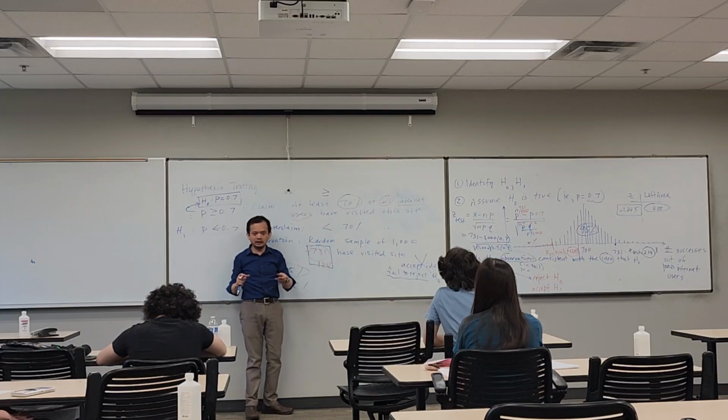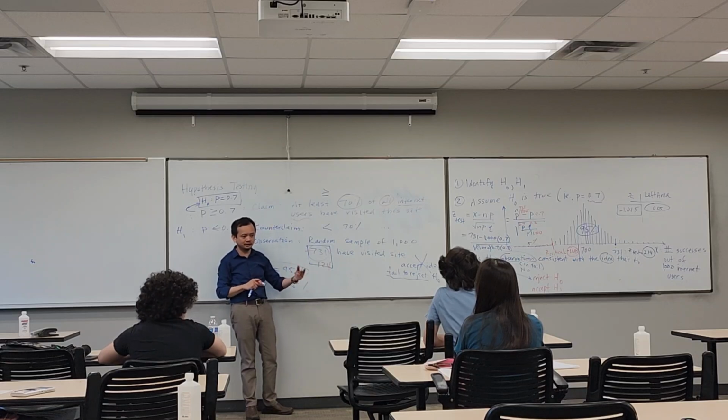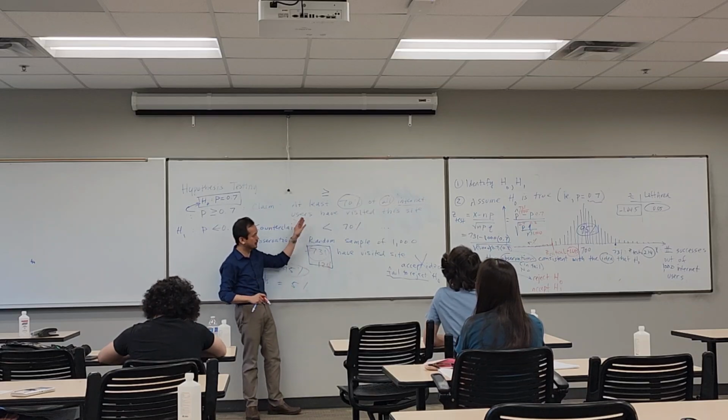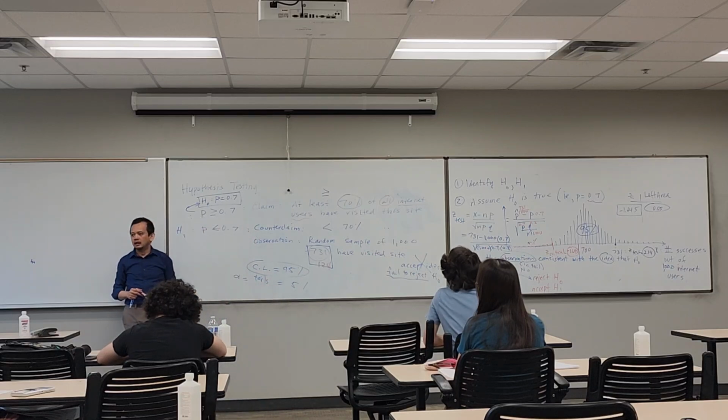So it needs to be random in all aspects. It needs to be random geographically, in habit, in gender, and so on. Everything about the sample needs to be random. So good question. Any other questions?